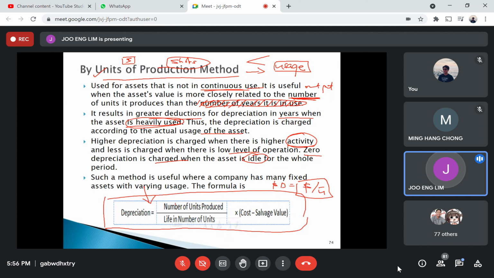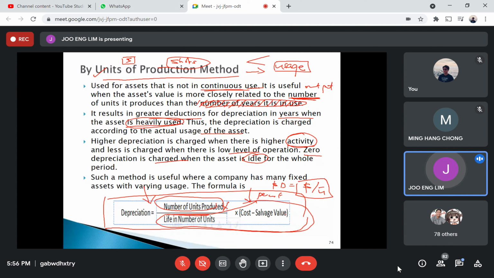Then you multiply by the number of units produced in that particular year, and you get your depreciation amount. So first calculate your depreciation per unit, which gives you a constant amount.